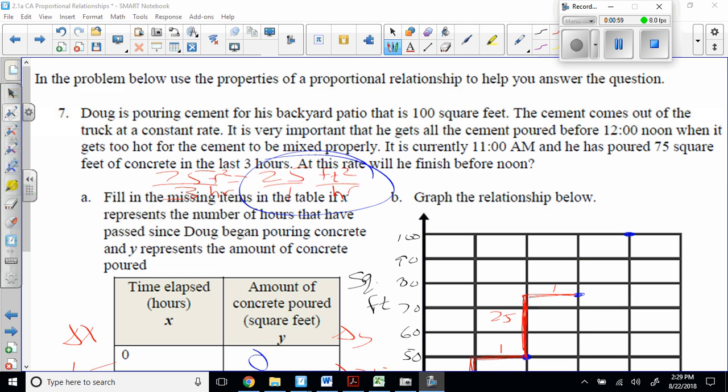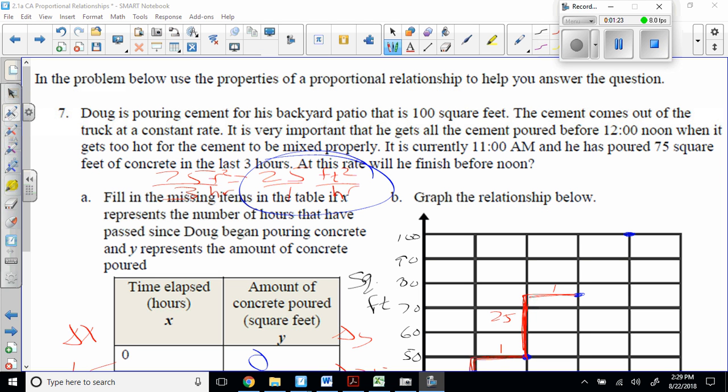An hour. Now, that's important to know because, ladies and gentlemen, 25 square feet in 1 hour is the constant of proportion. It's constant flow. Now, it is your rate of change. It's your constant proportionality, right?